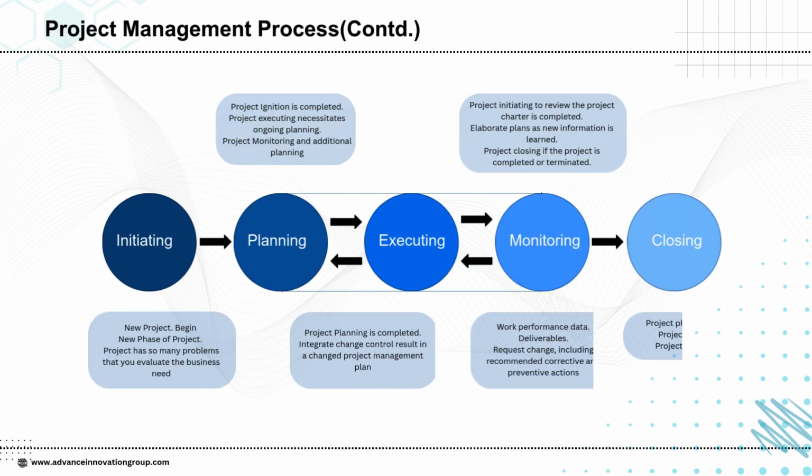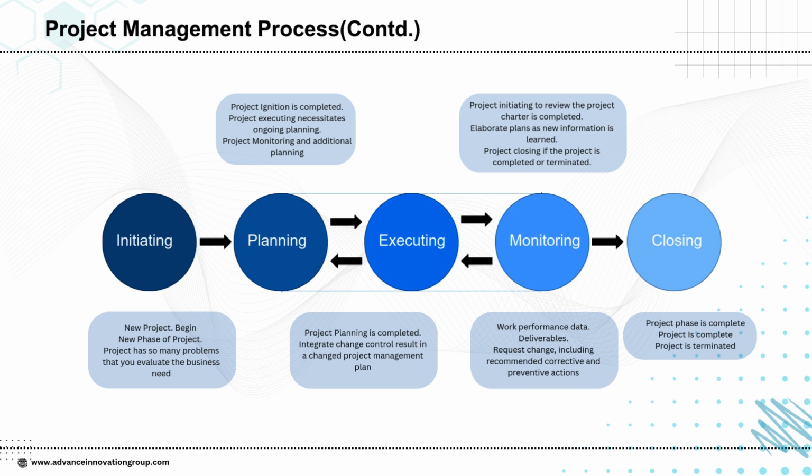The continuation of the project management process highlights how each phase is not always linear but can overlap and evolve. Initiating ensures the project charter is reviewed and the project officially begins. Planning is often ongoing, as new information requires plans to be refined.